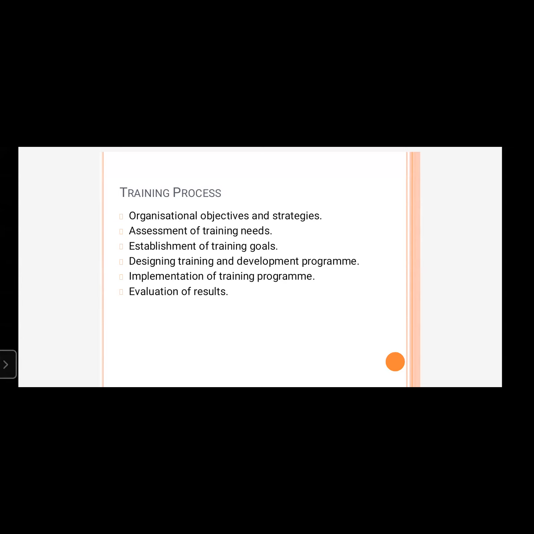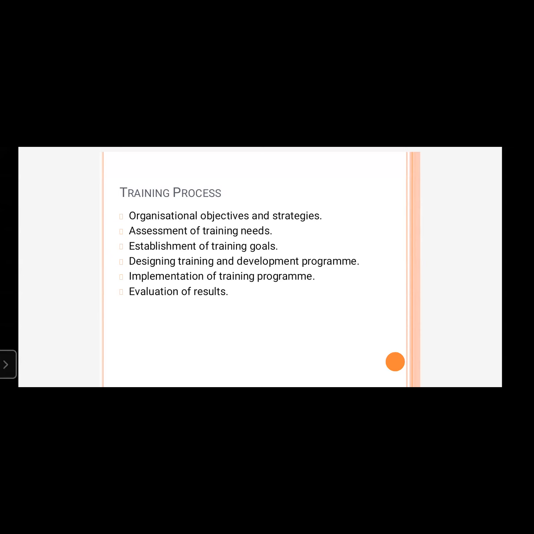Now, the second step is assessment of training needs. How many people require what type of training? It should not happen that the organization designs a training program which is provided to each and every employee of the organization.